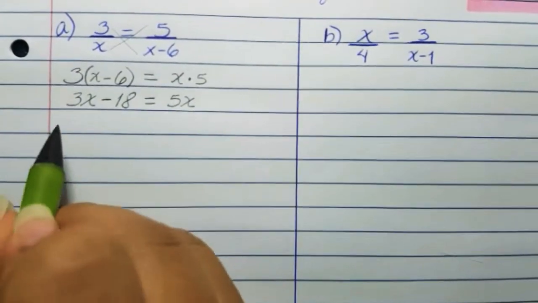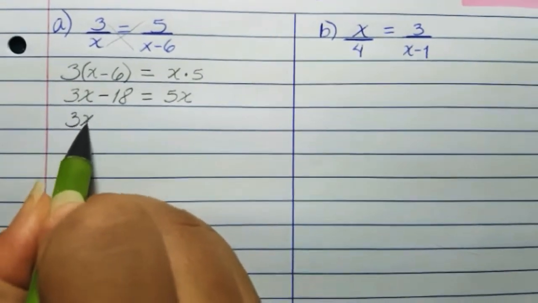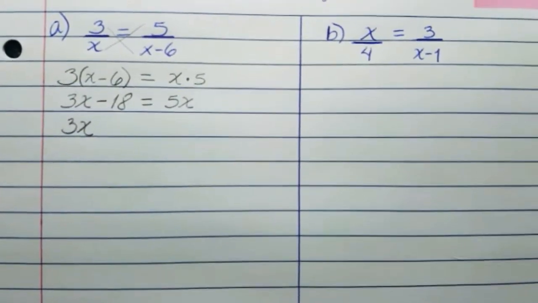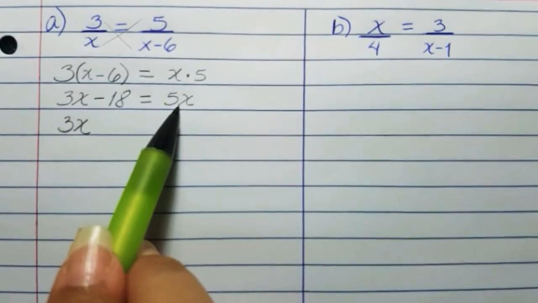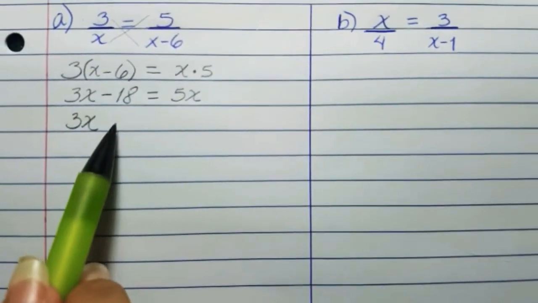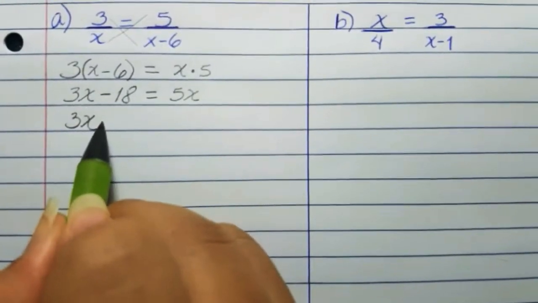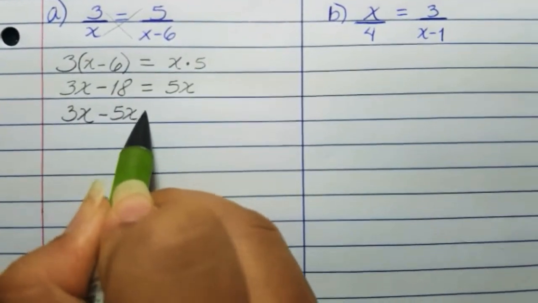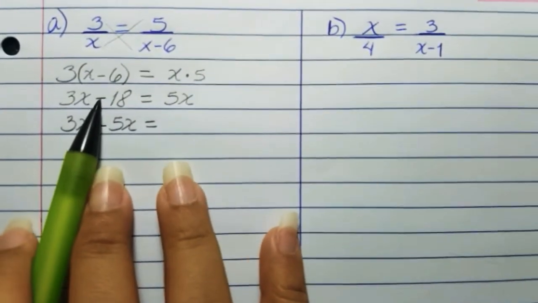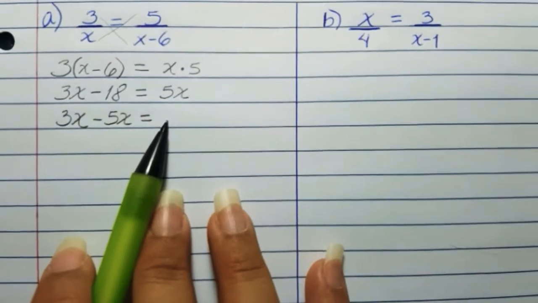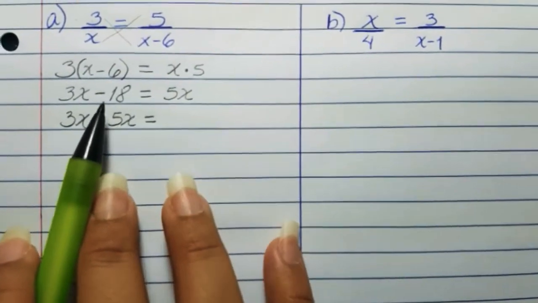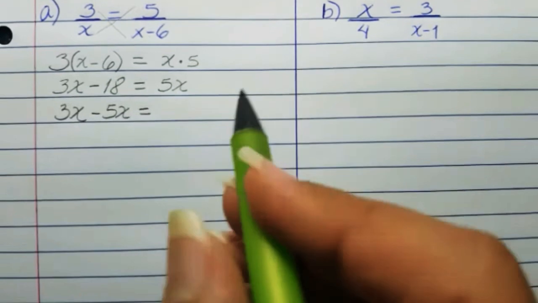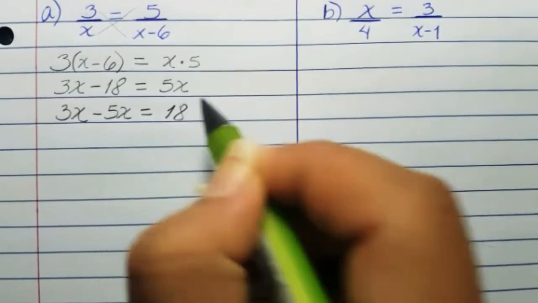The 3x is on the correct side, so I'm going to leave it there. The 5x is positive. To bring it to this side of the equation, it moves negative. So minus 5x must equal, the 18 goes to this side of the equation with inverse operation. Since it is subtracting, it goes positive. So positive 18.